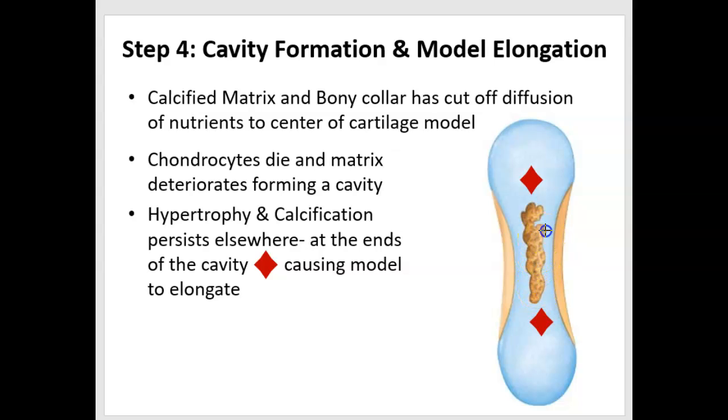So right in the center where the ossification center started, the chondrocytes die and the matrix deteriorates. And that forms a cavity, which we know will eventually stay in the adult bone as the medullary cavity. But there's still growth happening at the very ends.